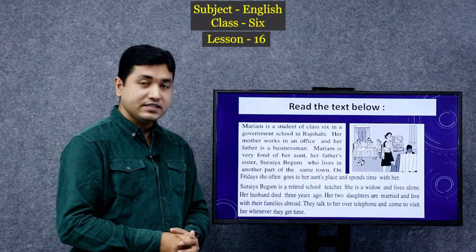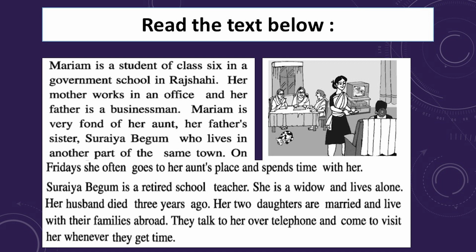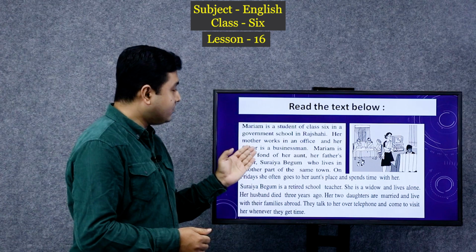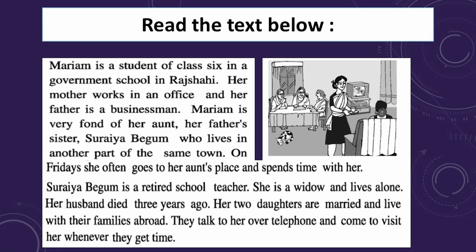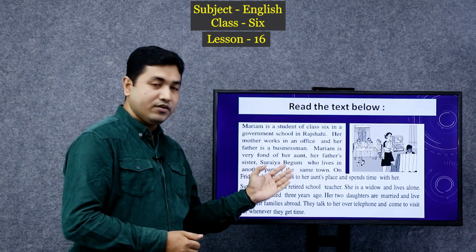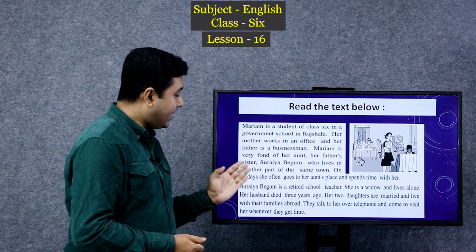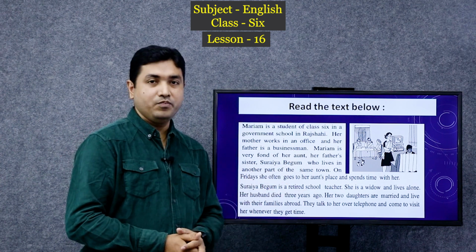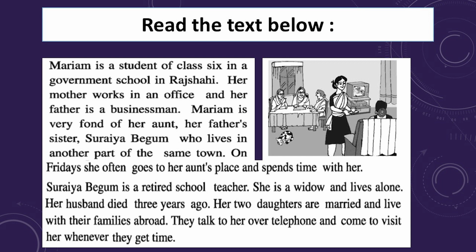Her mother works in an office and her father is a businessman. Muriam is very fond of her aunt, her father's sister, Suraya Begum, who lives in another part of the same town. On Fridays, she often goes to her aunt's place and spends time with her.